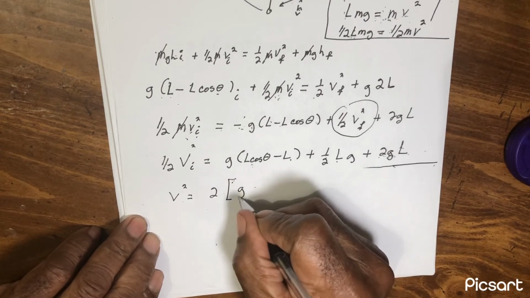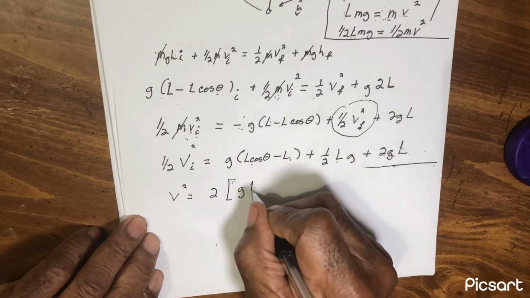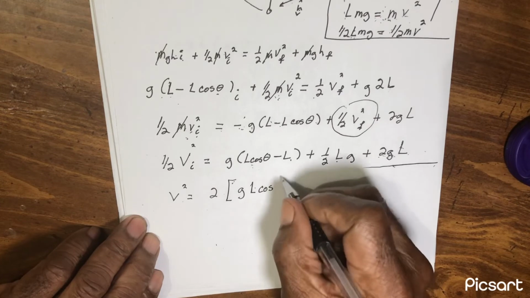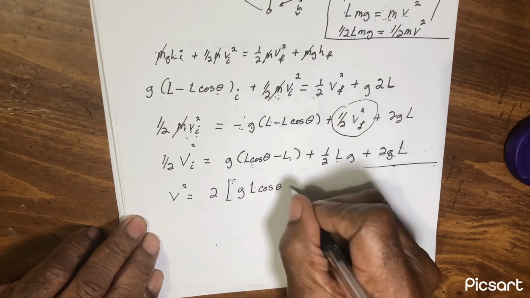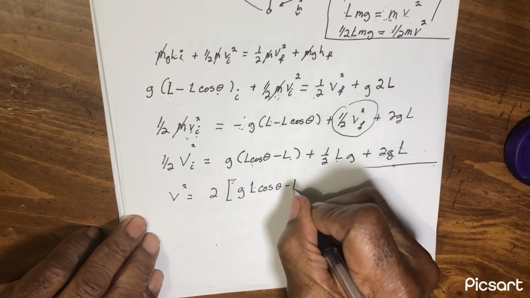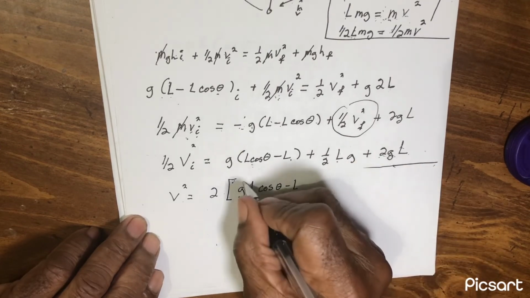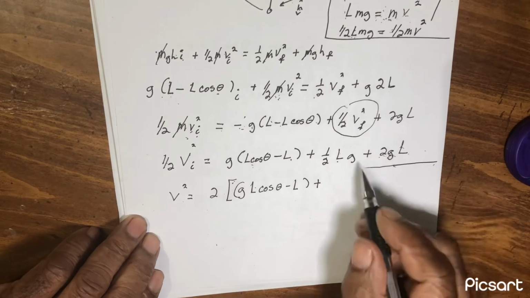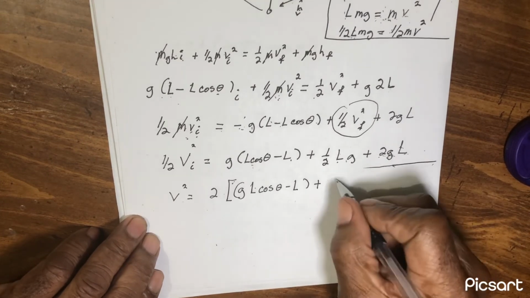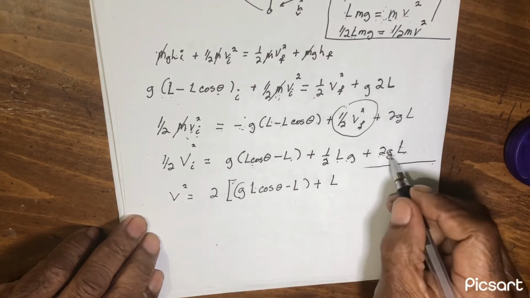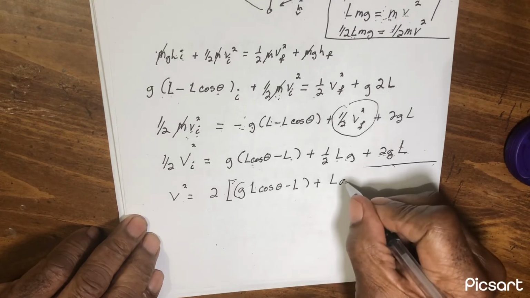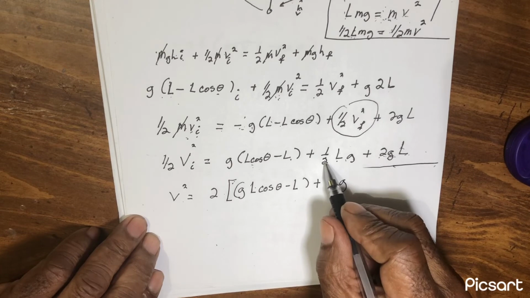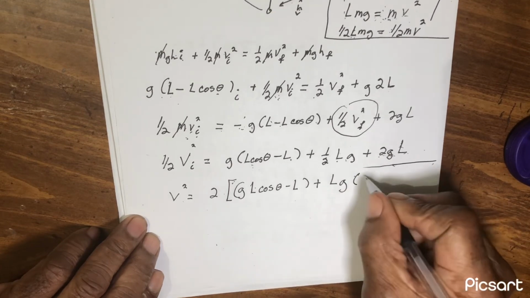g L cosine theta minus L plus, we can take the L's out, we can take the g's out, and we have 2 plus a 1/2, and we'll get 5/2.